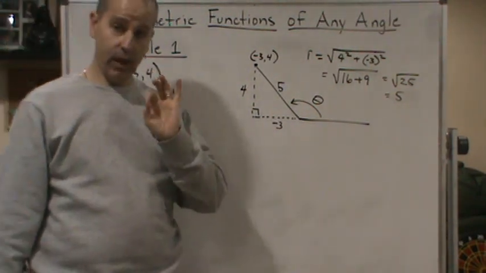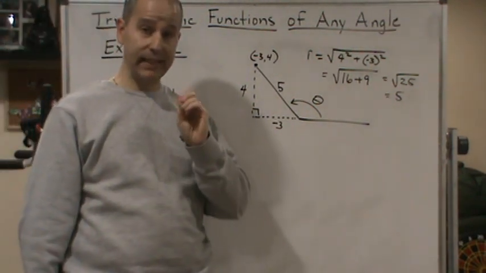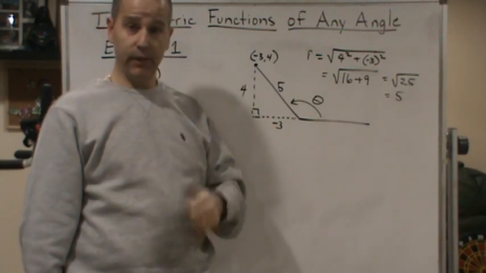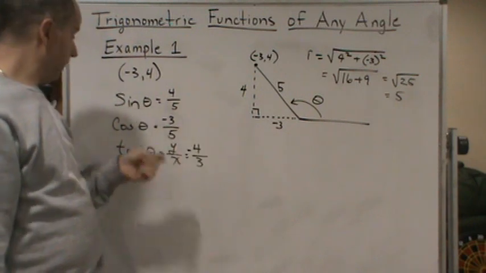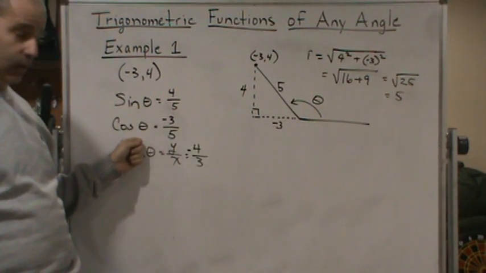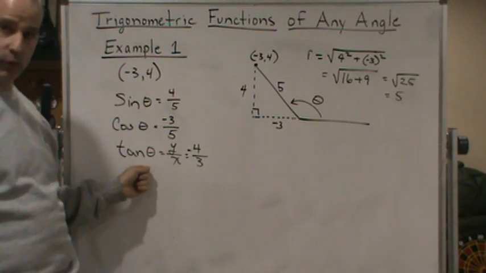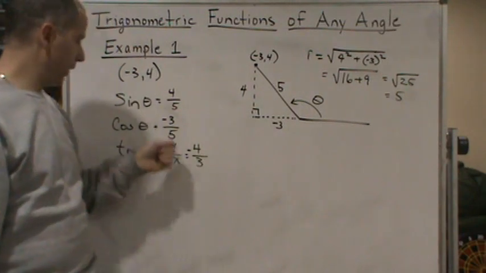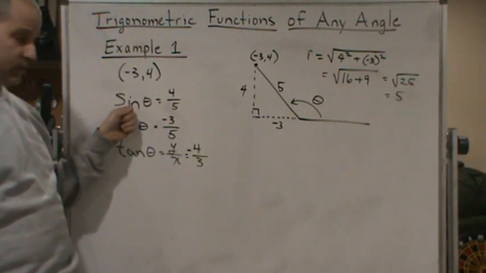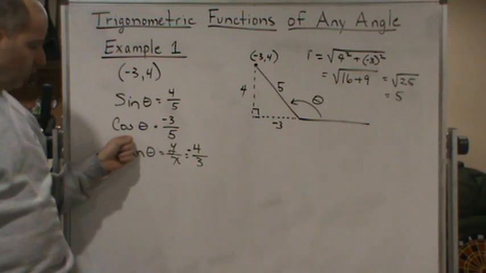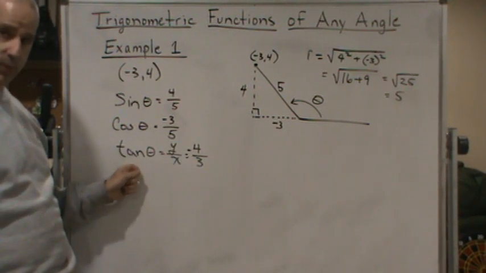But again, if you memorize the general definitions for any angle, then you just know that sine is going to be y over r, cosine is going to be x over r, tangent is going to be y over x, and then of course the other three are just the reciprocals thereof. So I know that cosecant is the reciprocal of sine, secant is the reciprocal of cosine, and cotangent is the reciprocal of tangent.